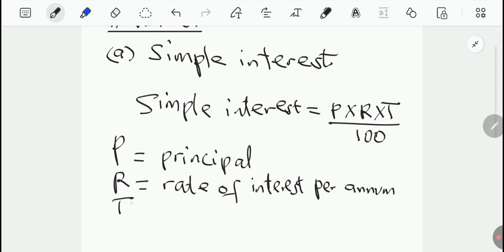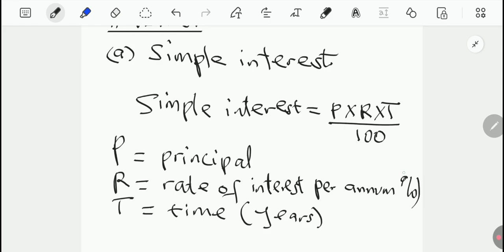And T is the time, and the time should be in what? Years. The rate of interest is always in percentage. Don't forget about that. That is very important. So R is per annum and T must be in years. The rate must be per annum or per year also.